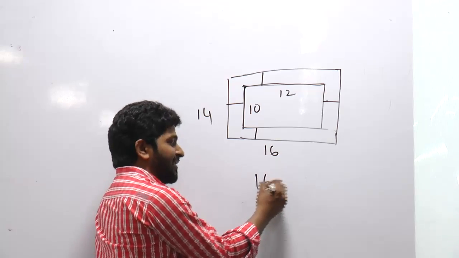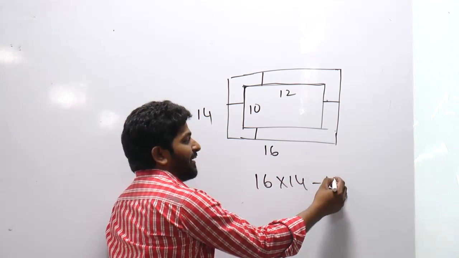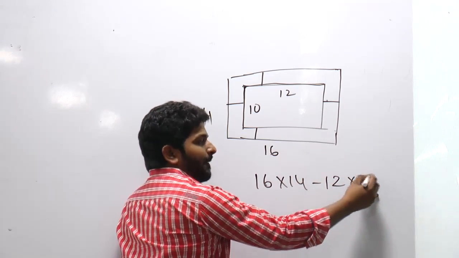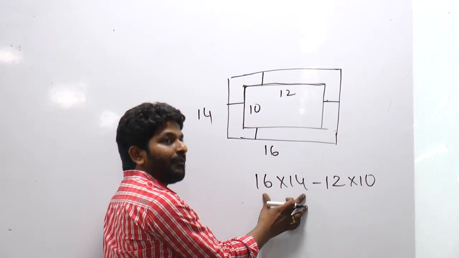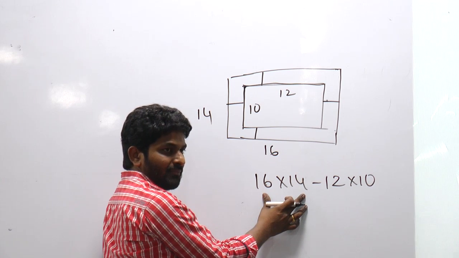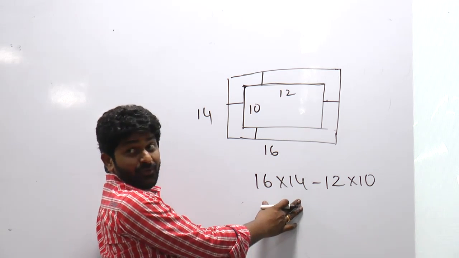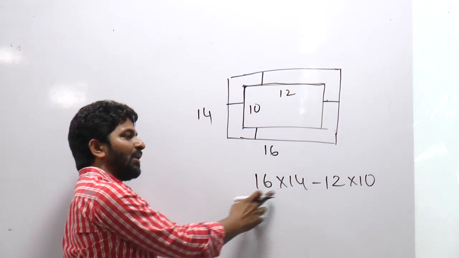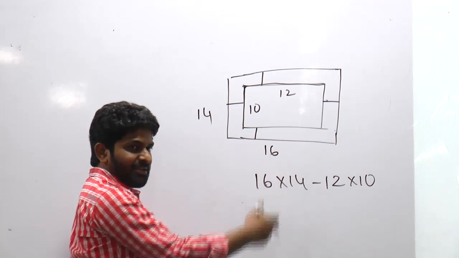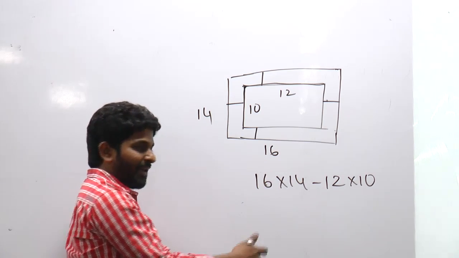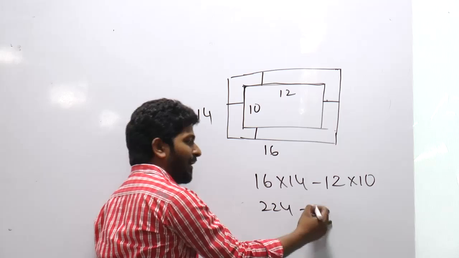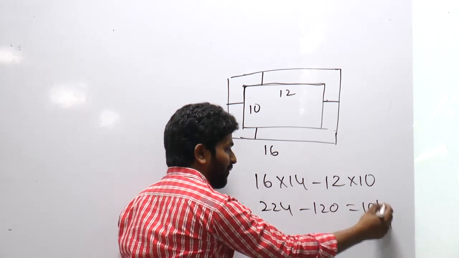So that will be 16 into 14 minus 12 into 10. 15 square minus 1. 15 plus 1, 15 minus 1. 15 square minus 1. 225 minus 1, 224, minus 120. Answer 104.